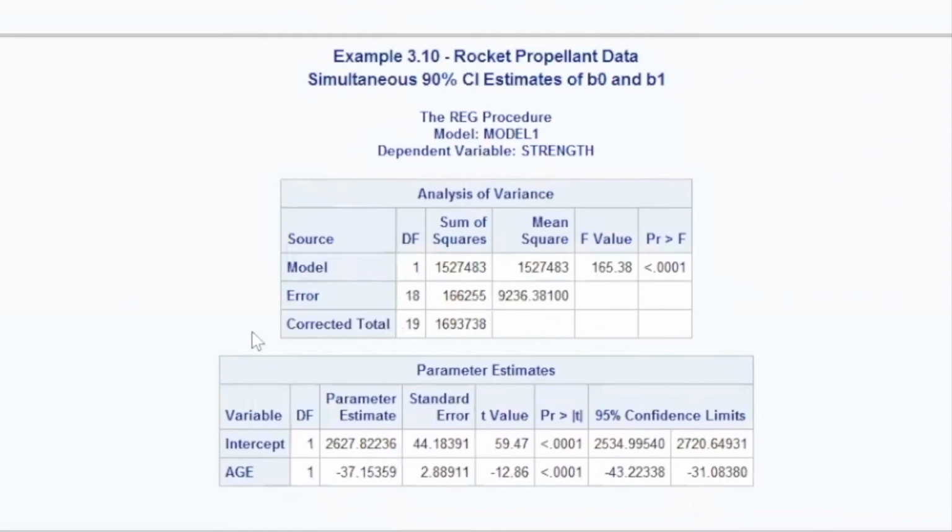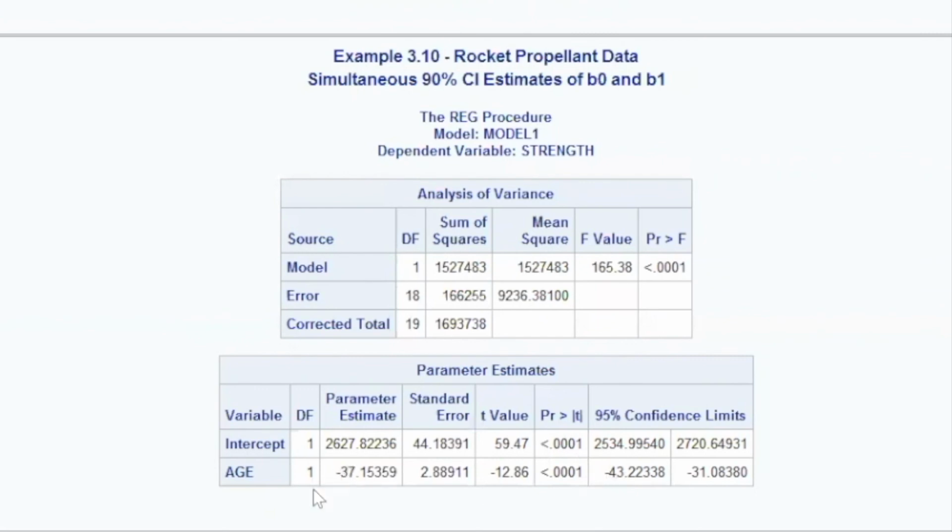Okay, so here is the information for the simultaneous 90% confidence interval estimates of beta 0 and beta 1. In the parameter estimates table, we have the last two columns giving us the lower and upper endpoints of, in this case, individual 95% confidence intervals.